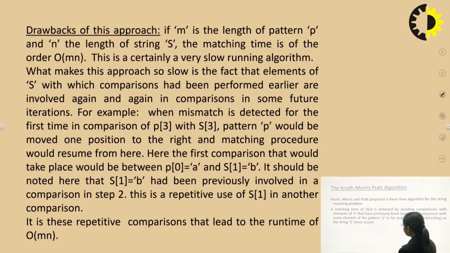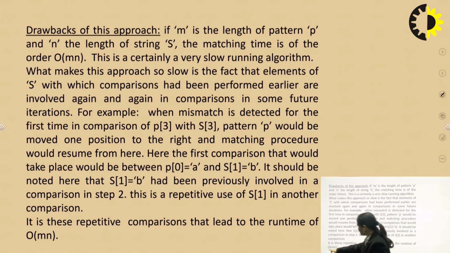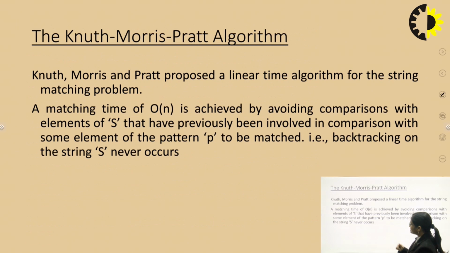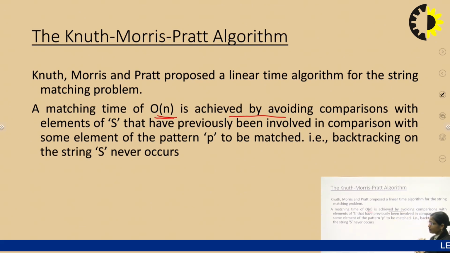In the previous case we have seen that the matching time is O of m into n, and in this case the matching time is O of n, that is linear time. That means by using the KMP matcher algorithm, the total running time is reduced from m into n to O of n, that is, in linear time we can compare a string with our pattern.